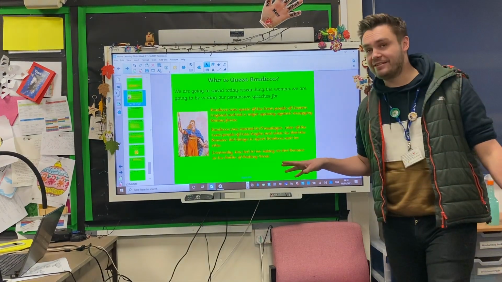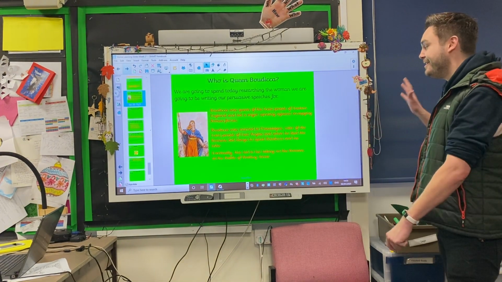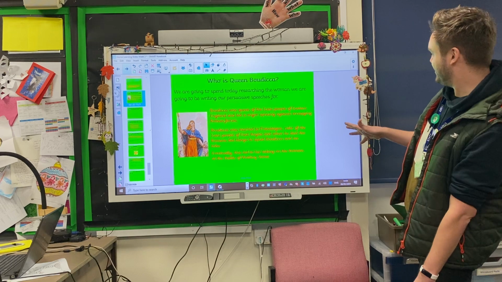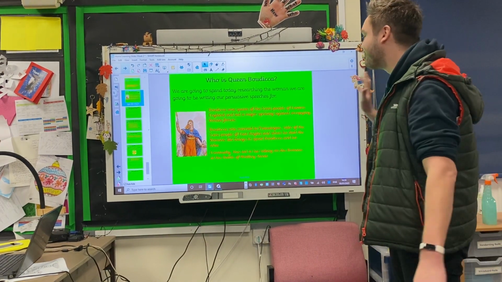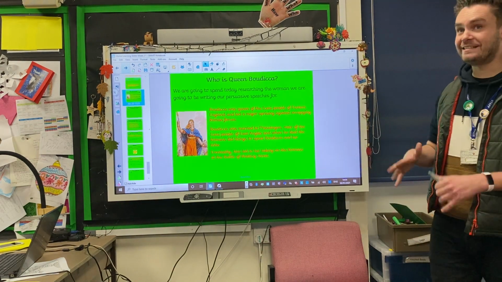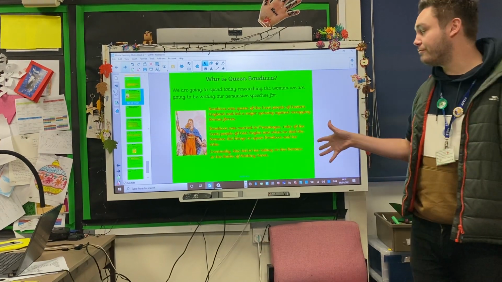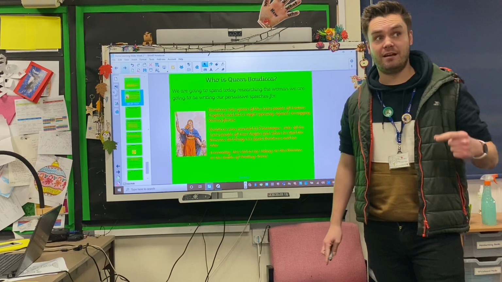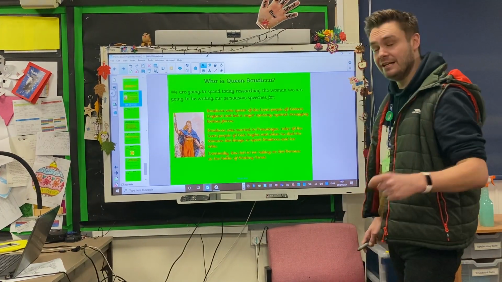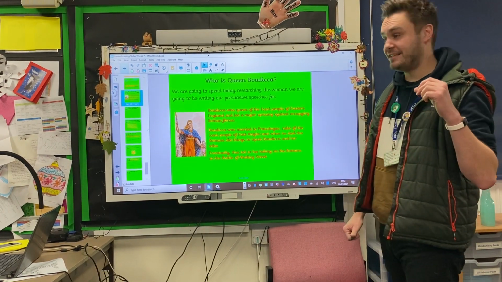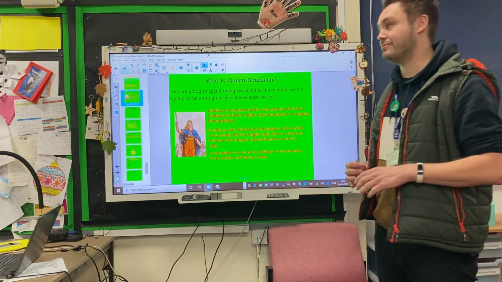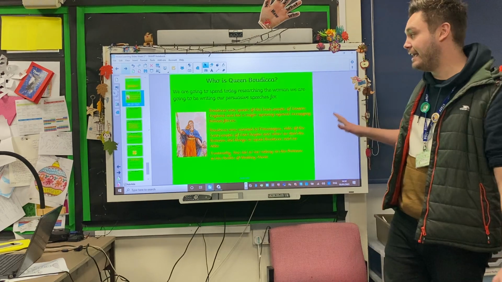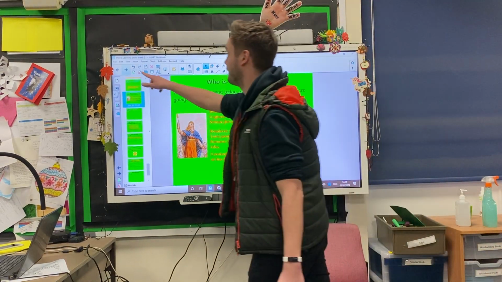Boudica was married to, and this can be a tricky one to pronounce, Prasutagus, there we go. Even us teachers have to learn these Roman names. Ruler of the Iceni people of East Anglia. And when he died, the Romans did things to upset Boudica and her tribe. Eventually, this led to her taking on the Romans at the Battle of Watling Street, and we'll find out a bit more about that in our history lessons.